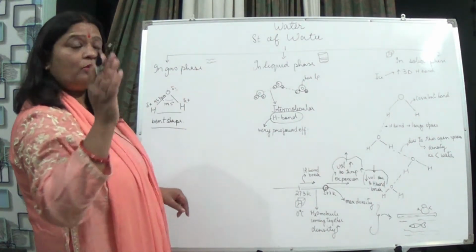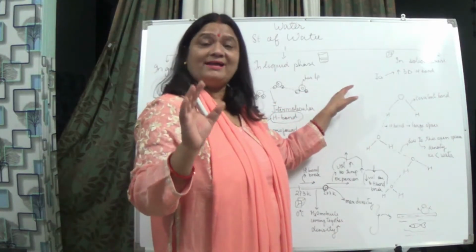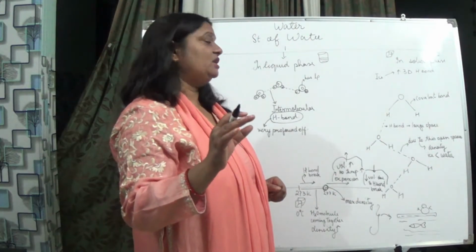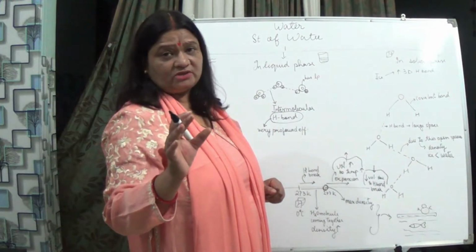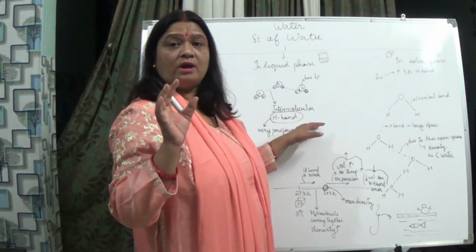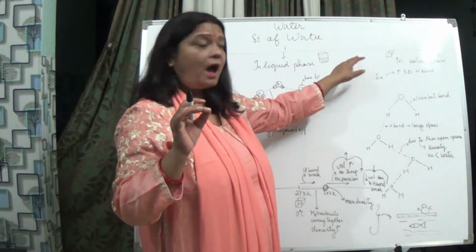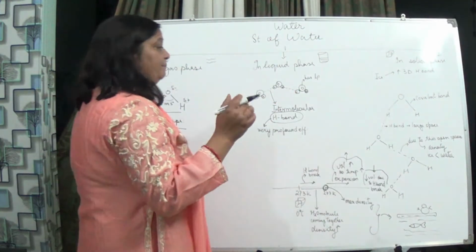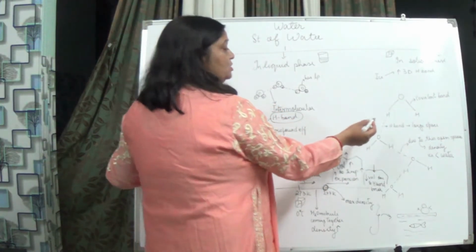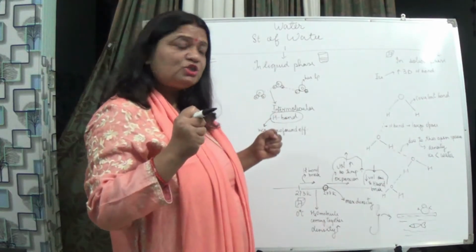But when we go to the solid state of water, that is ice, it has a 3D structure or 3D bond formation. It means it has three-dimensional hydrogen bonding in the solid state of water. Here you can see the structure of ice. Hydrogen bonds are present here also, but there is a large space.